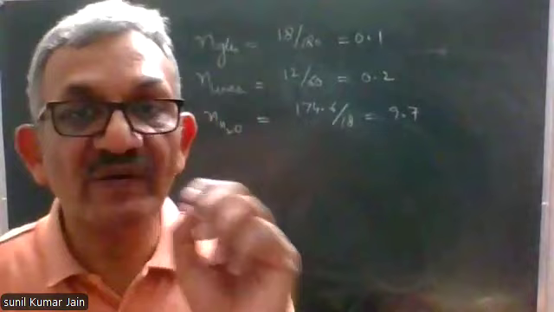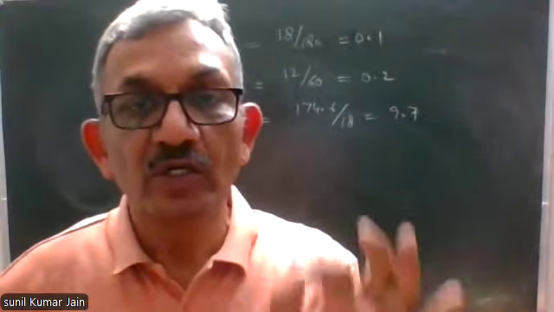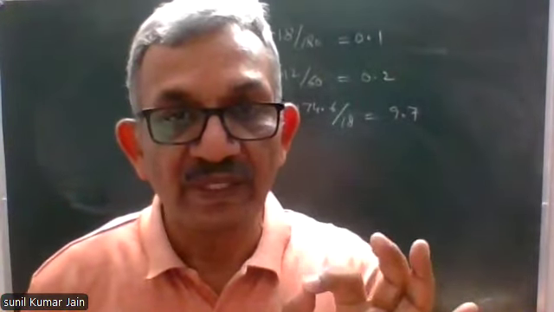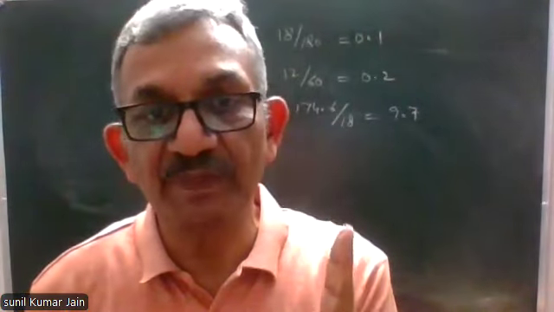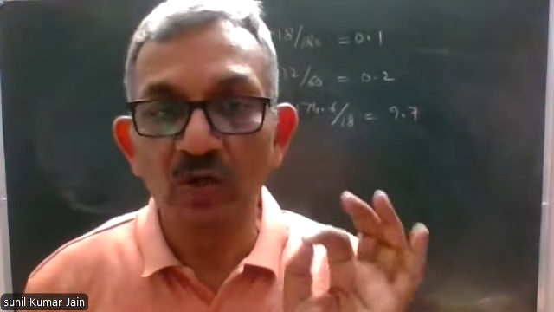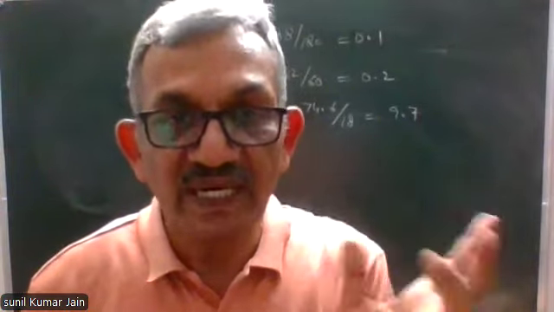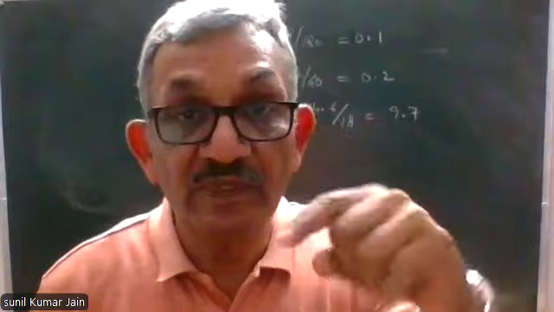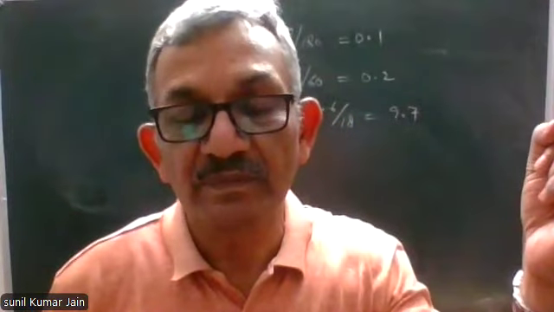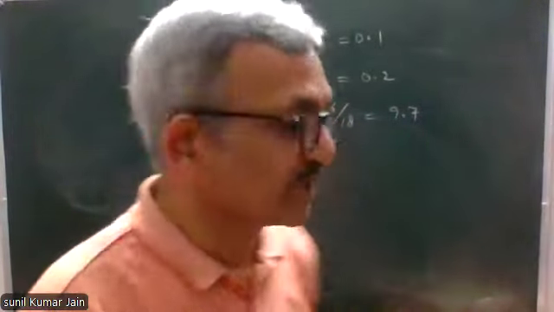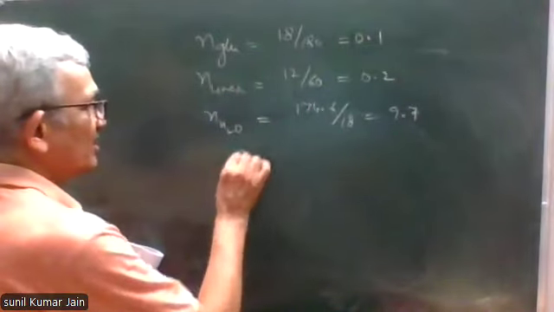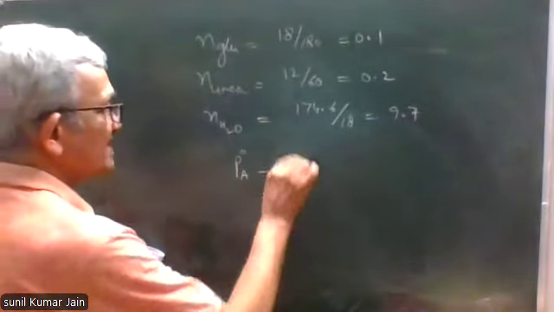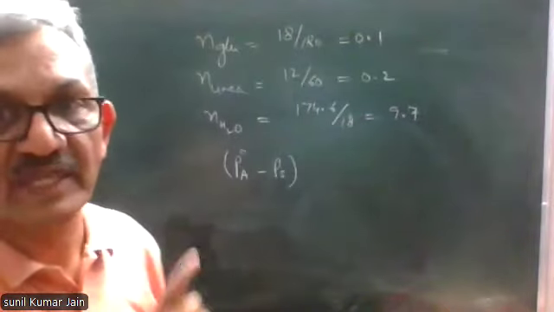Important thing is, what do we have to calculate? We have to calculate lowering of vapor pressure. Neither do we have to calculate vapor pressure of solution, nor relative lowering of vapor pressure. We in fact have to calculate the value of numerator. Numerator is lowering of vapor pressure, so it is P naught A minus PS. This will be the answer.